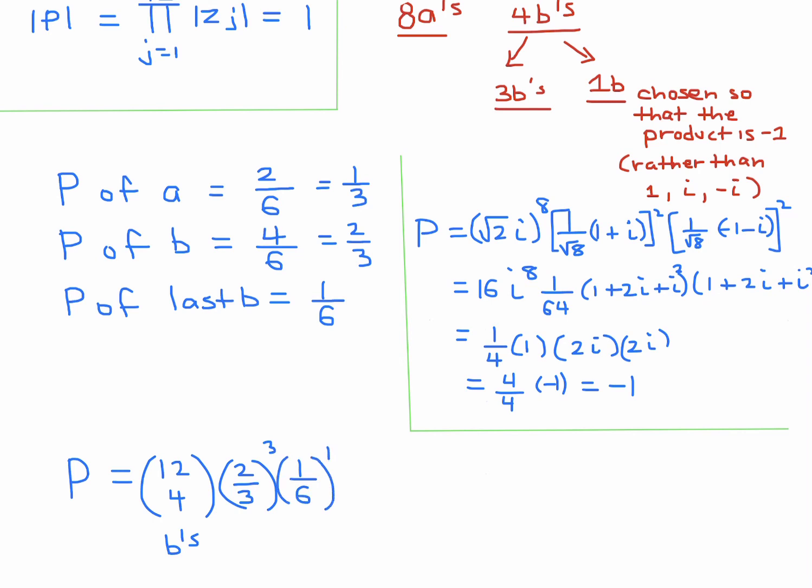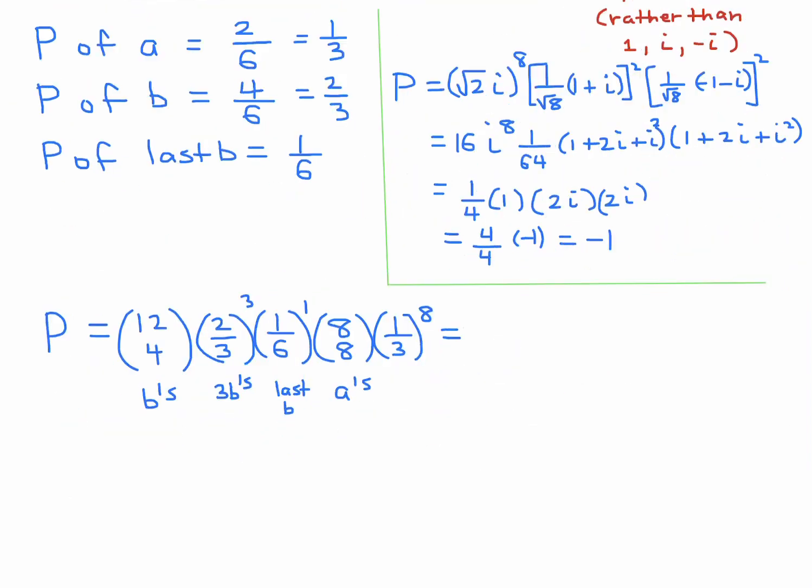So that's going to be to the power of 1. And then from the remaining 8, you choose all of those 8 to be my A's. These are my 3 B's. This is my last B or special B. And then those A's have a probability of 1/3. So 1/3 to the power of 8. So there we go. That is my probability.